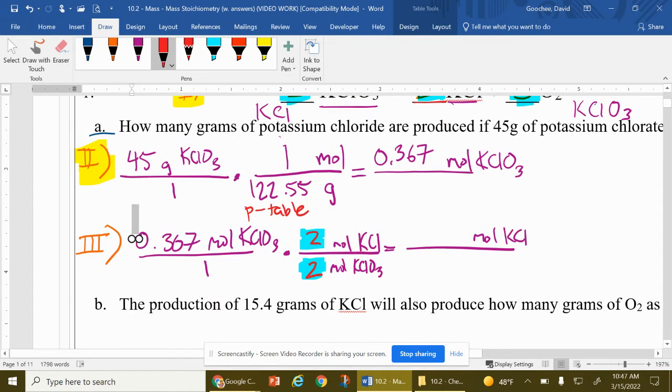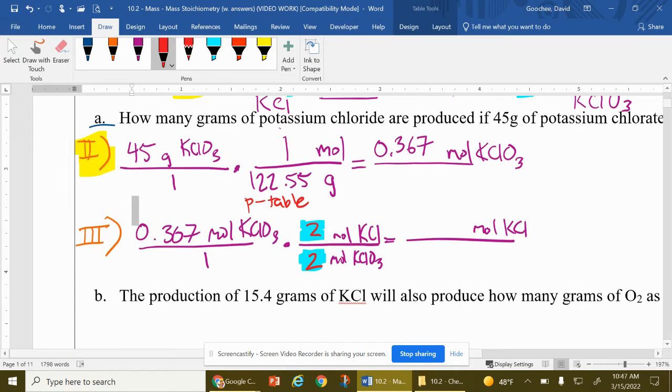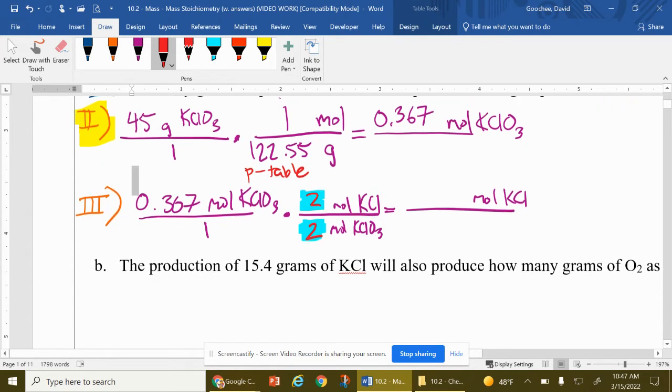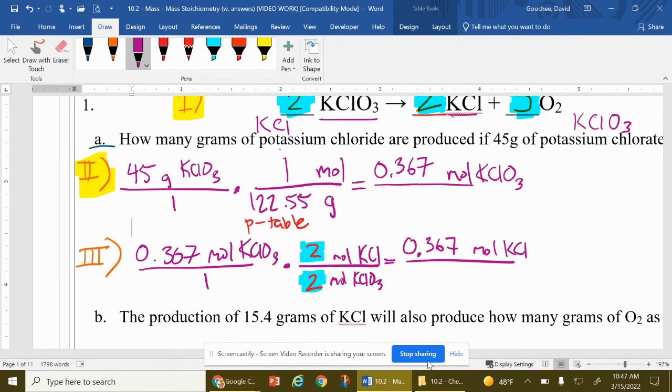So however many moles of KClO3 we use, we get the exact same number of moles of KCl. So 0.367 moles of KClO3 will also give us 0.367 moles of KCl. So good. So now we figured out how many moles of KCl we have got.